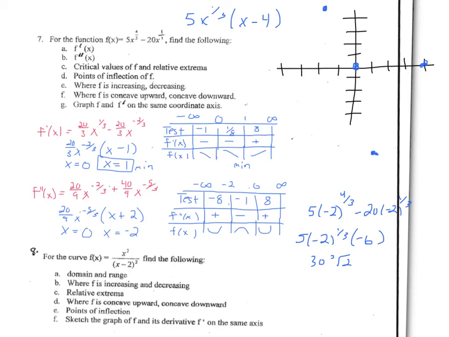And then I'll have another POI at 0. So thankfully that was already graphed. So before we get to negative 2, we are concave up, but we're still decreasing. And then we get to negative 2, and we switch to being concave down. And then we're just concave up in between 0 and infinity.